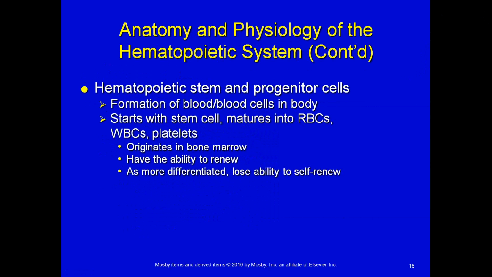This all originates within the bone marrow, and the lifespan of red cells and white cells varies, and as a result, your body has to be able to renew or regenerate these cells. As the cells become more differentiated, they lose the ability to self-renew.